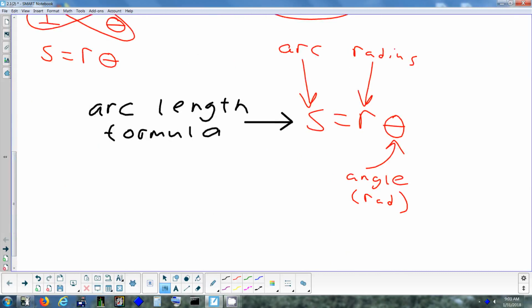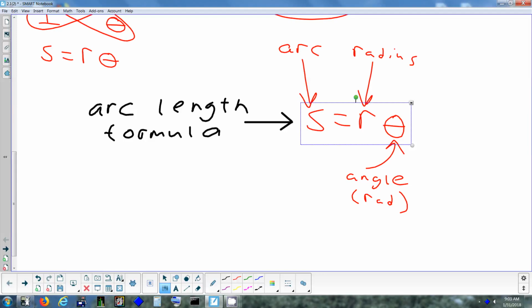So the way we use the formula, there's 3 things in it. The problem will always give you 2. You have to find the third one. So we'll go through one of each type. I'll start off by giving you a radius and an angle. You tell me the arc, and then we'll switch it up and maybe I'll give you the arc and the radius, and then I'll ask you what's the angle.